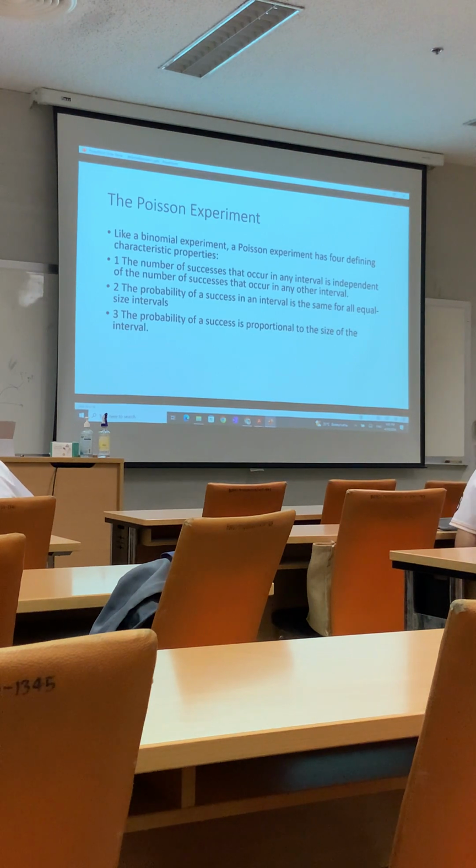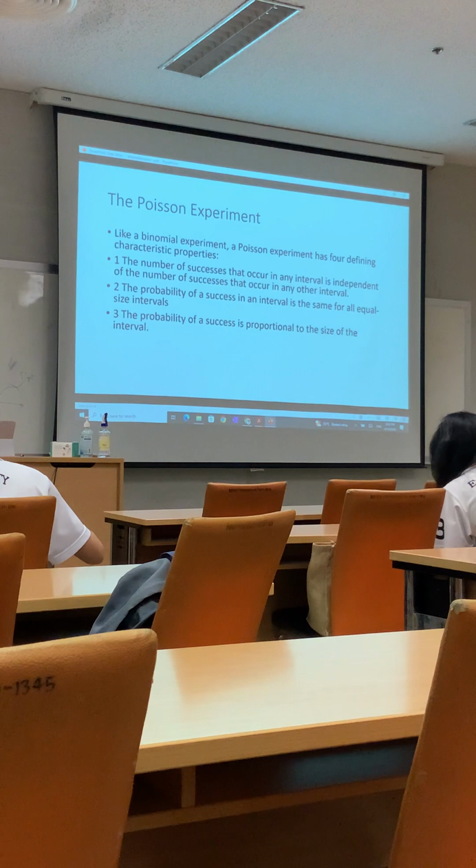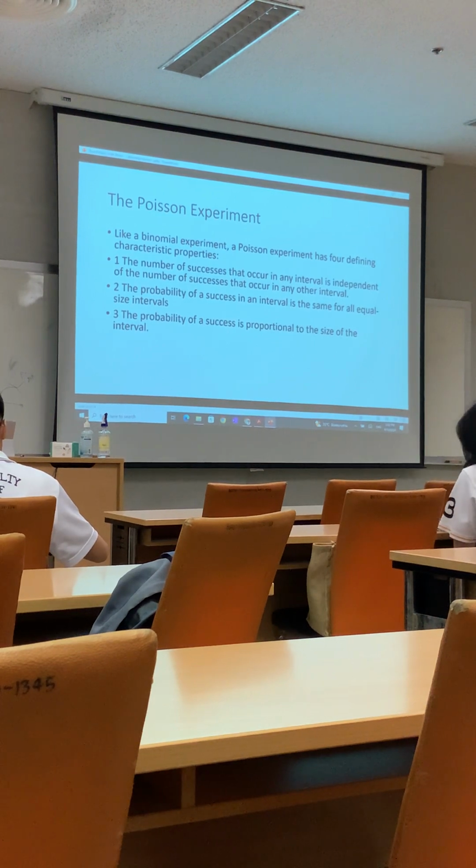Third, the probability of success is proportional to the size of the interval. This number 3, you will see that we're going to use it. So this means that if the example gives you 1 month, and then asks you to calculate the probability for 3 months, that is 3 times the time space that is given.